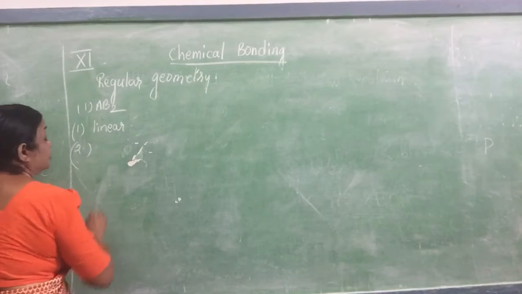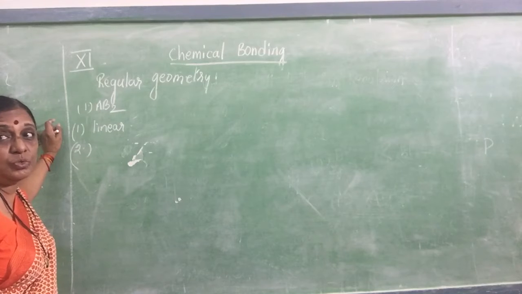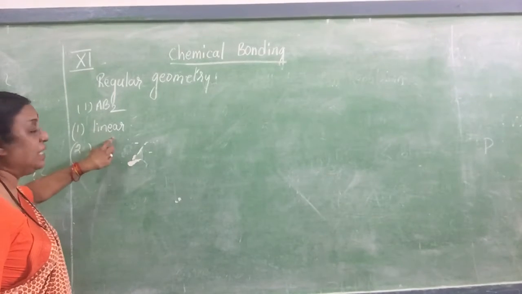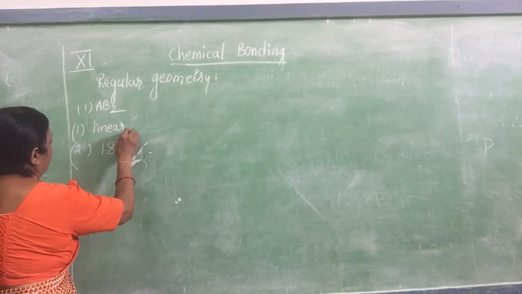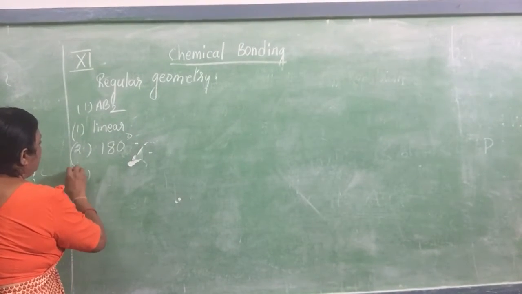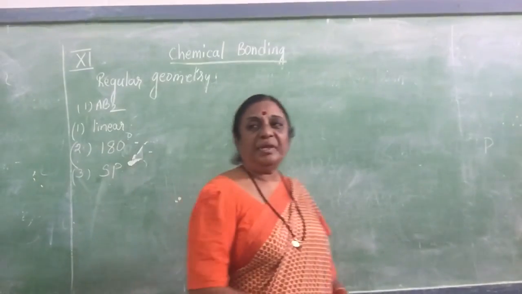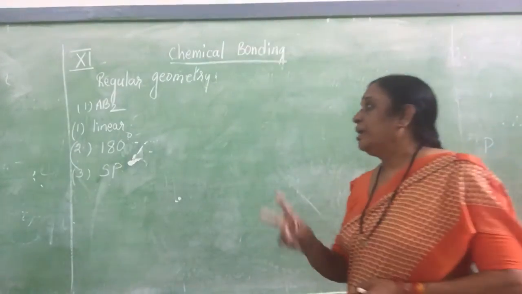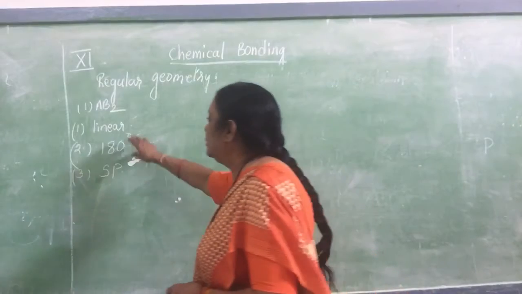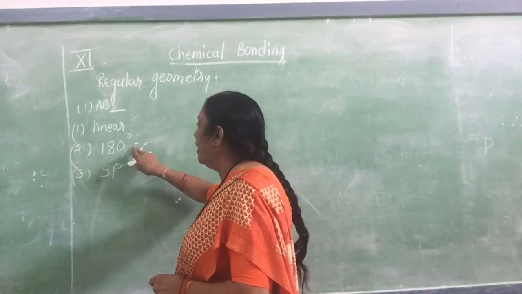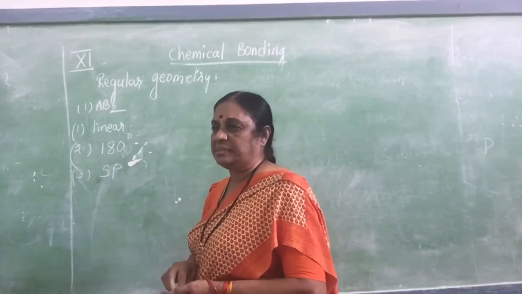Bond angle: the way you learned in the lower classes 2 twos are 4, here also linear, bond angle, blindly you can say 180 degrees. Right, children? Third point, sp hybridization. Now here you have to note down one point. If there are two bond pairs, the geometry is linear, bond angle is 180 degrees and the hybridization is sp.